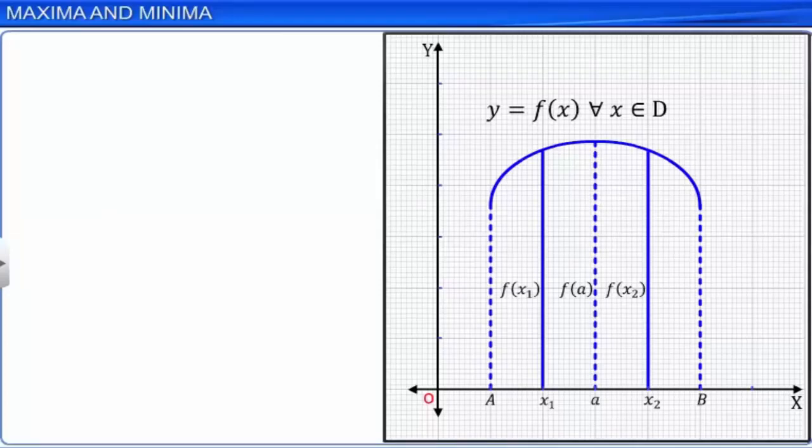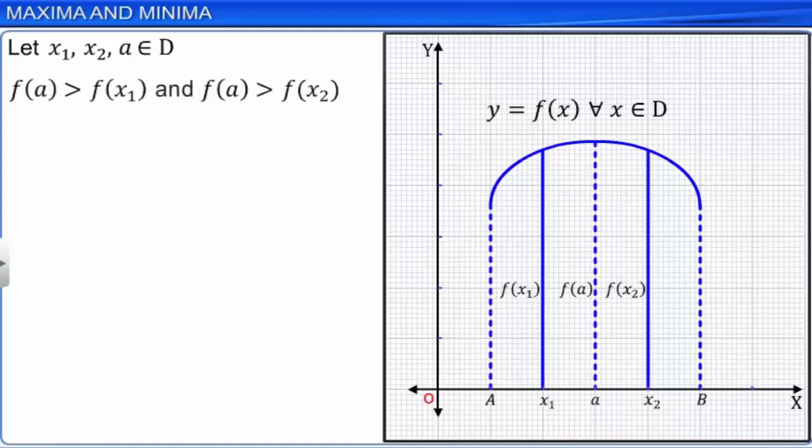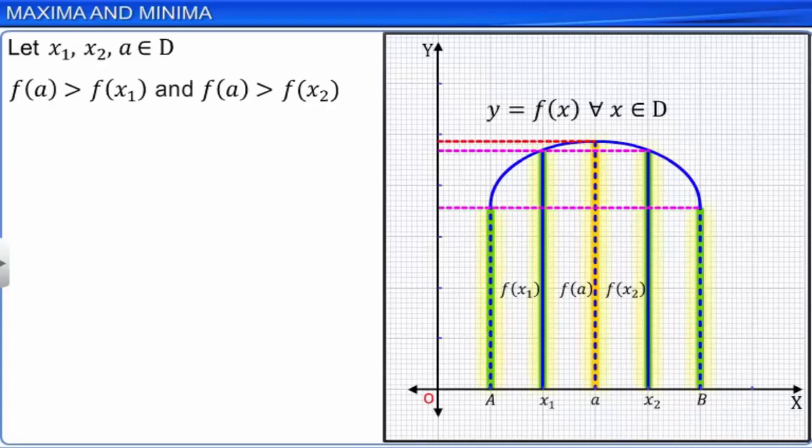Consider the graph of the function y = f(x) with domain D, a subset of real numbers. It is clear that the value of the function f at a point A is the maximum. That is, the value of the function at any other point to the left or right of A is less than f(A).